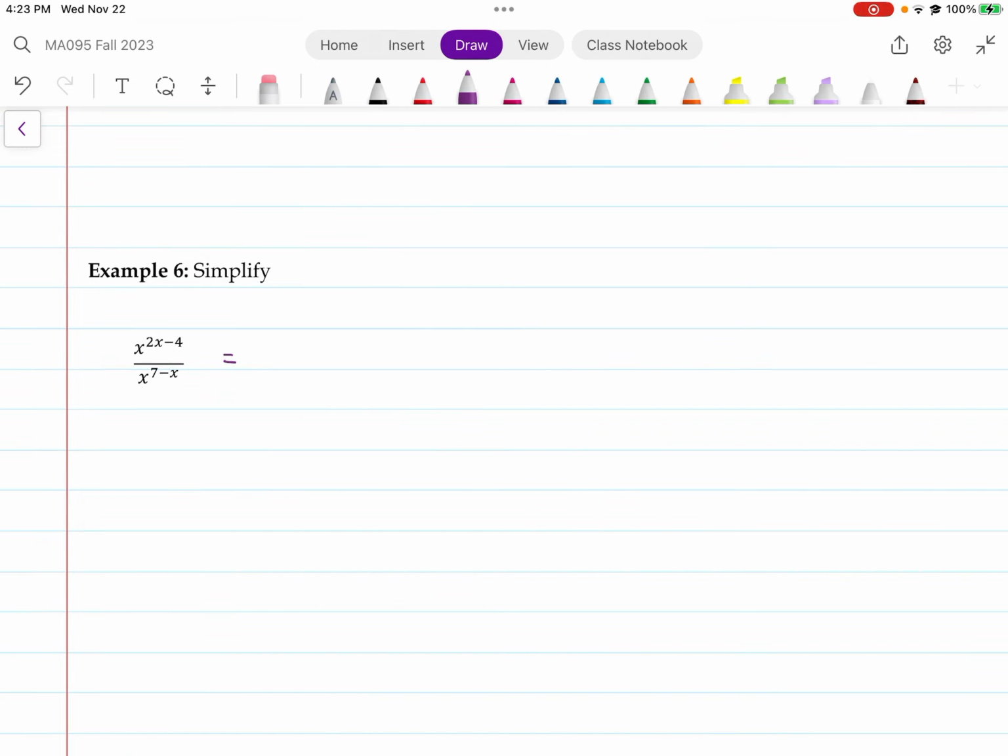All right, so we get x to the, and I'm going to put the exponent in a different color just to make it really stand out. We've got 2x minus 4 minus the thing on the bottom, and that is 7 minus x. And this is what I was talking about before. You have to be really careful with your signs. So I'm going to distribute this negative across both of those.